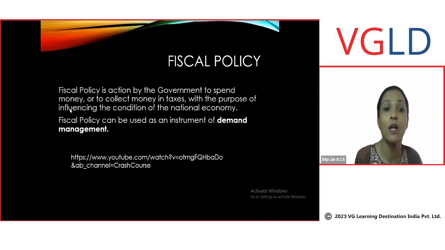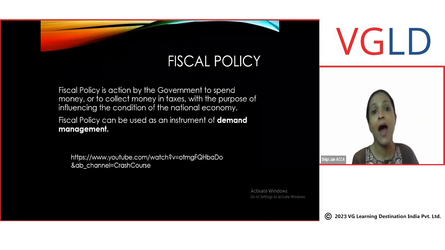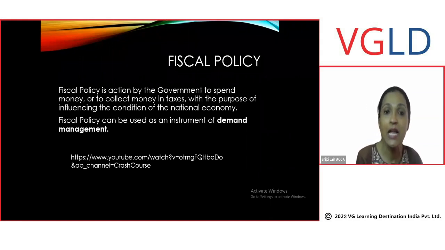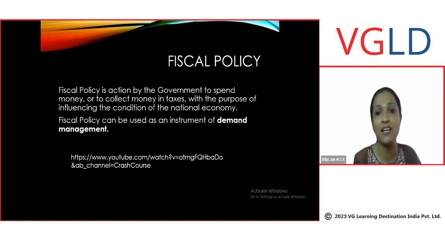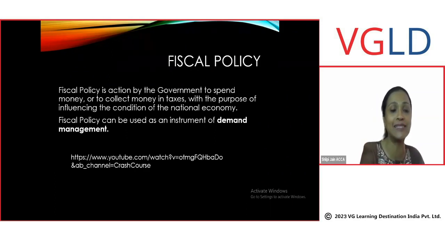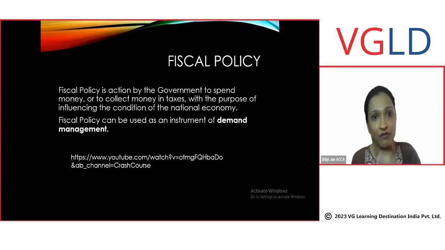Fiscal policy is action by the government to spend money or to collect money in the form of taxes with the purpose of influencing the condition of the national economy. Fiscal policy can be used as an instrument of demand management. How much disposable income do people have left after having paid their taxes to the government? That definitely impacts the demand side of the money.